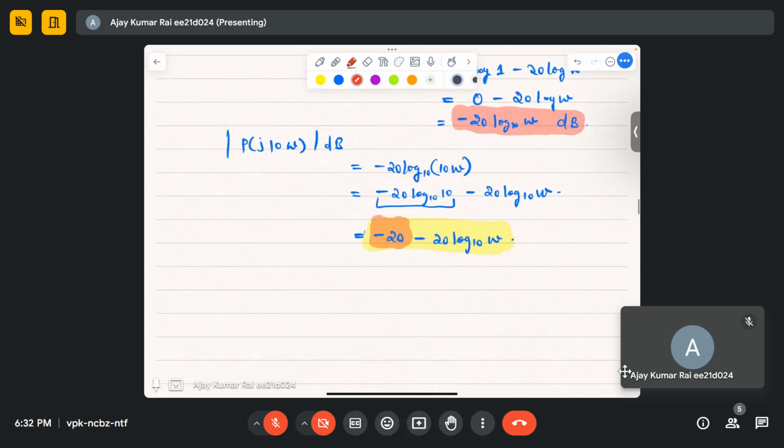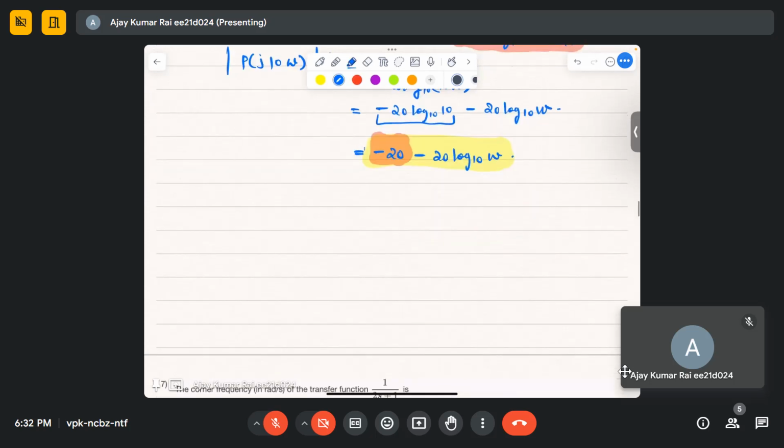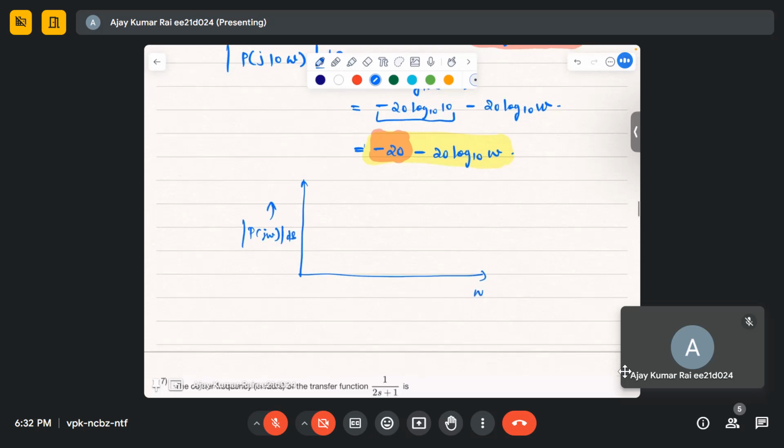So what if you plot the magnitude plot? This is P of j omega in dB, against omega and 10 omega.